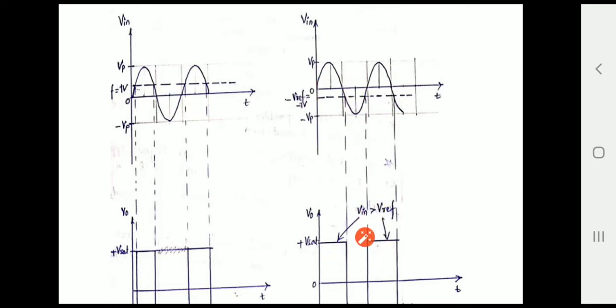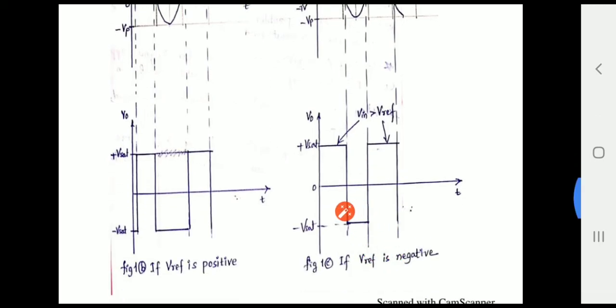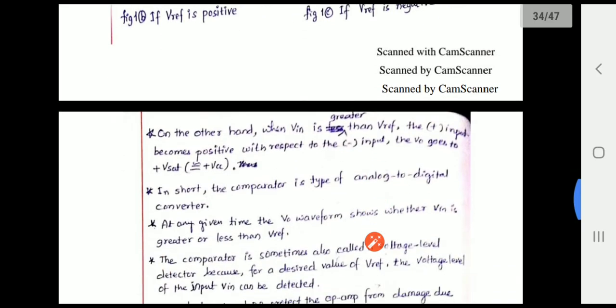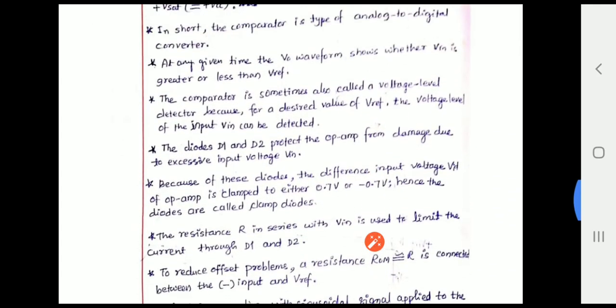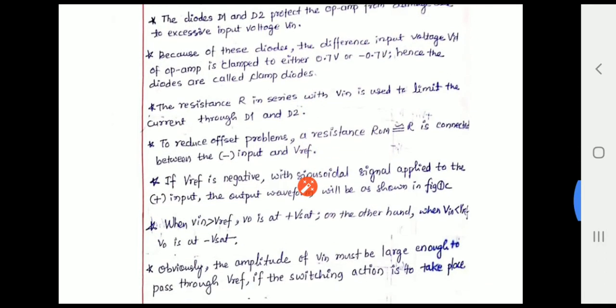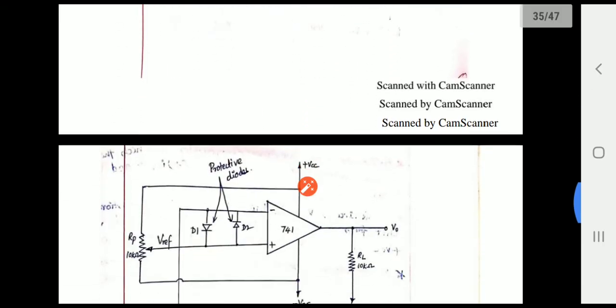So this time period is larger compared to this one. This is a basic comparator with reference to the reference voltage and input signal. The same explanation applies to the diodes, the reference voltage, the input voltage and the other resistors connected in the circuit.